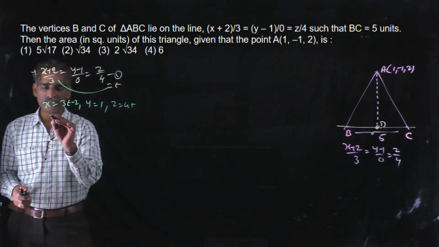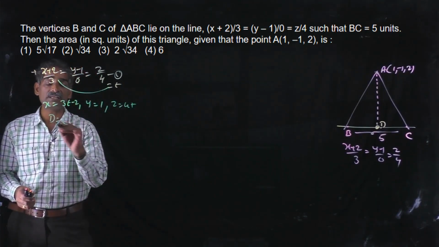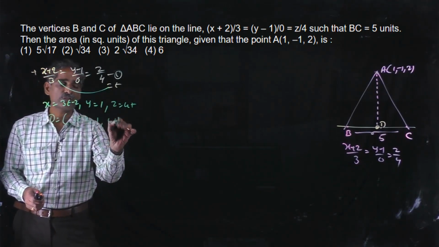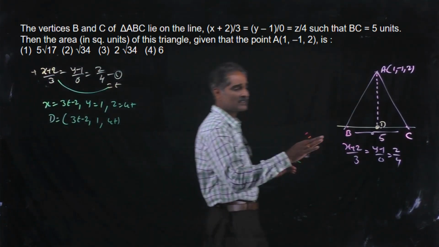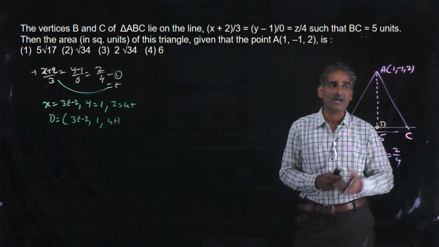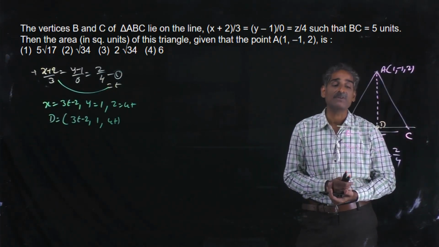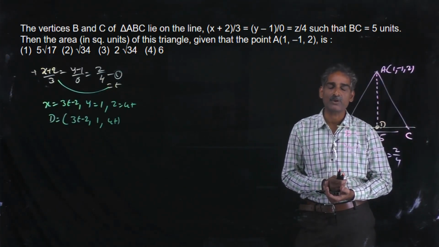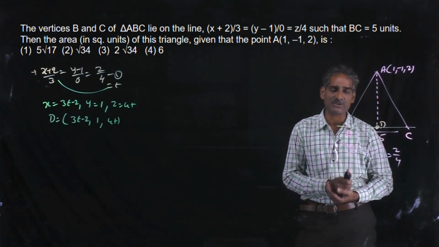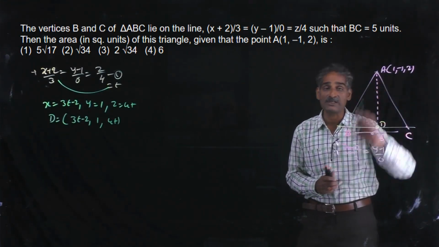Let us take this point D as 3t minus 2, 1, 4t. These are the coordinates of any point on the line. Let us assume D is the point that lies on this, and this is the foot of the perpendicular from A. Now clearly observe that AD is perpendicular to BC. We know the DRs of BC, 3, 0, 4, and we find out the DRs of AD.